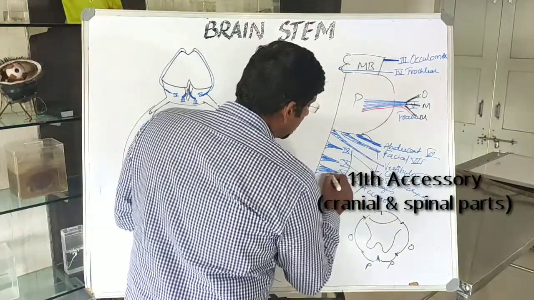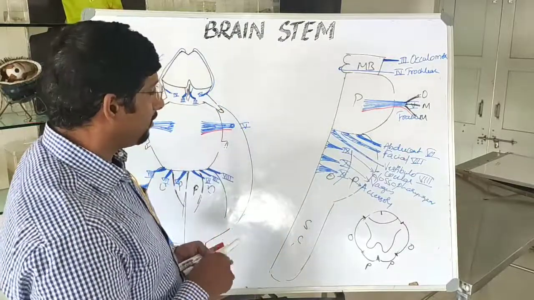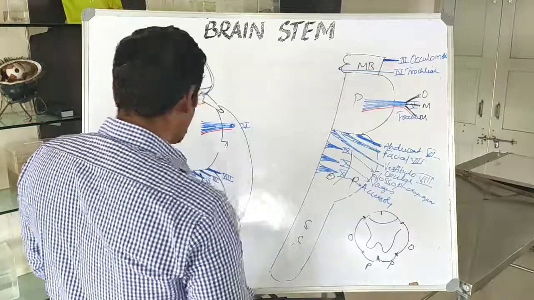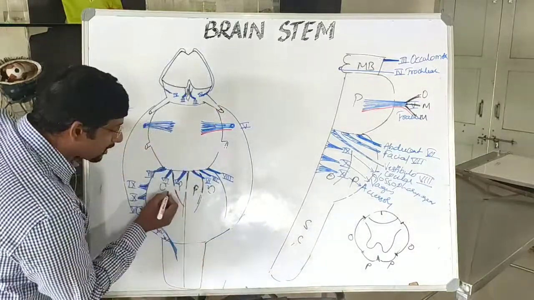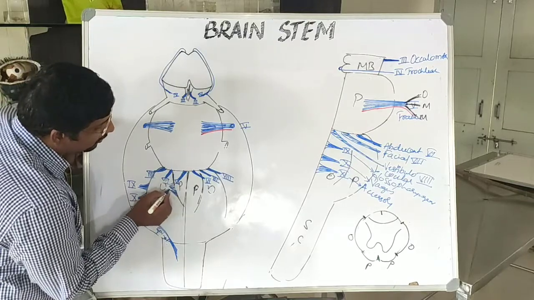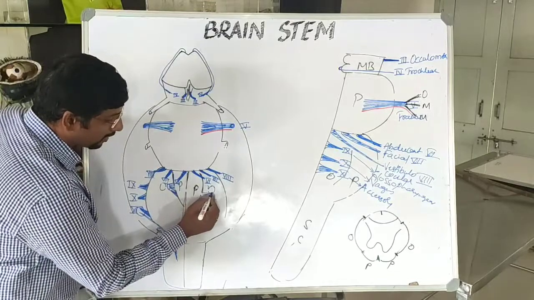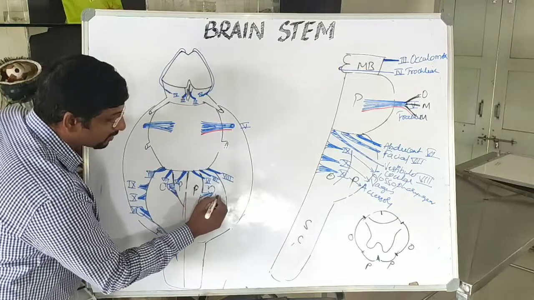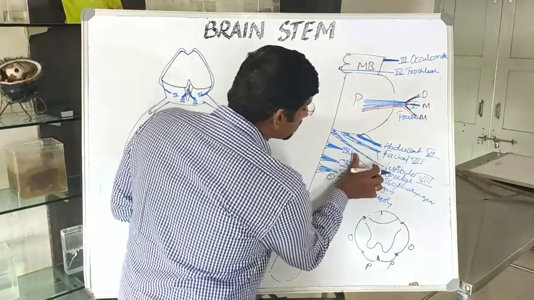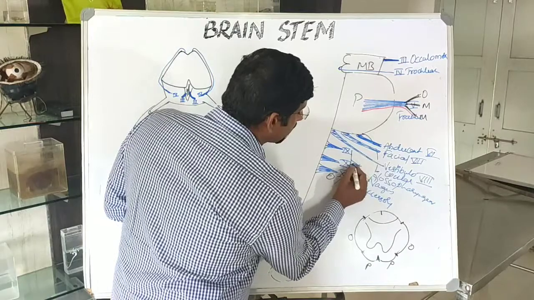This is the pons and this is the olive. In between the pons and olive, some rootlets come out here and form one cranial nerve. Between the pons and olive, this is the 12th cranial nerve. Rootlets come out in between.